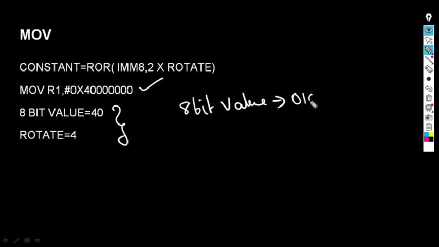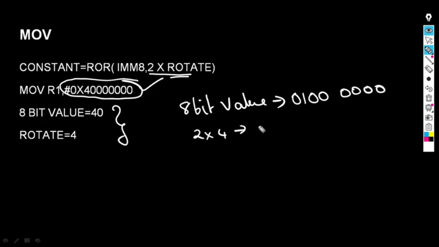Let me write it. This is the first thing. Next, can I rotate it an even number of times so that I can obtain my actual value? How many times should I rotate it right so that I can get this as the answer? Actually it is 2 into 4, 8 times.